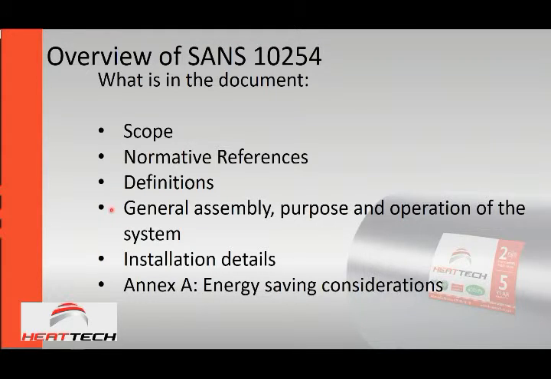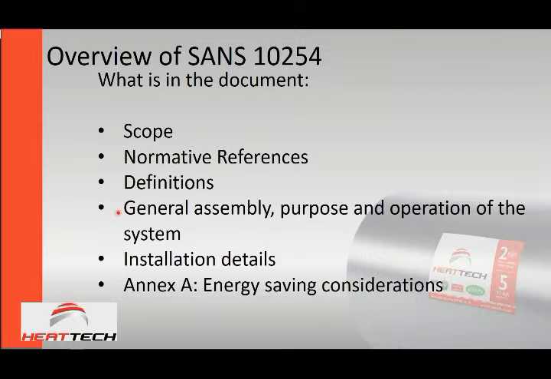Okay, so we go back to this general assembly purposes, operation of the system. That is, in my view, the technical requirements, the practical instructions, what must be, what should not be there. Installation details, I swap those two around.